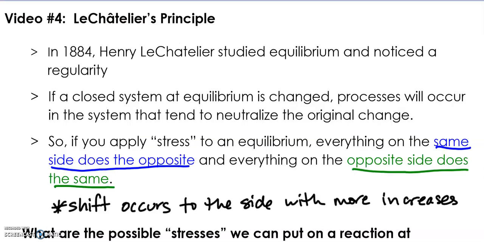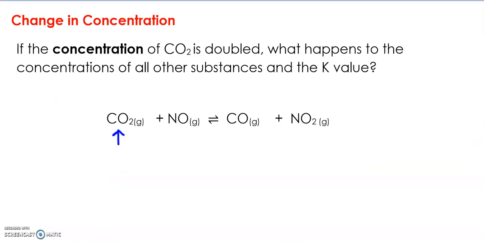Let me go back to this for a second. What we wrote and underlined in blue here: everything on the same side does the opposite. So I've got NO on here, and it's on the same side as the CO2, whose concentration increased. So the opposite would be it would decrease.